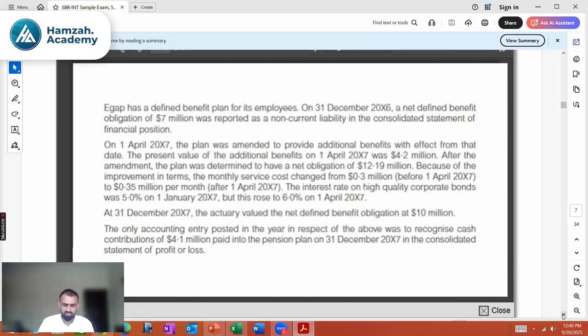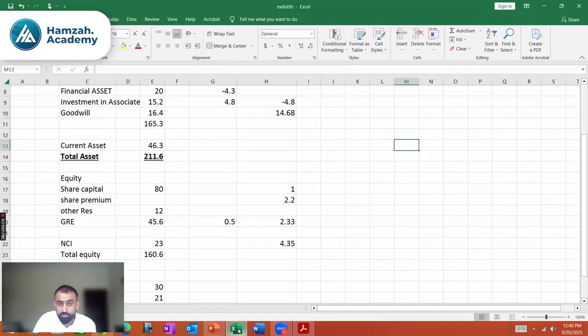First of all, that is a mistake. That is the obvious mistake. The contribution which we make into a fund in a defined benefit scheme, we do not treat as an expense. It is treated as an expense in a defined contribution plan, not in a defined benefit plan. In a defined benefit plan, it should be treated as a reduction in liability, not as an expense. So you have to remove the expense.